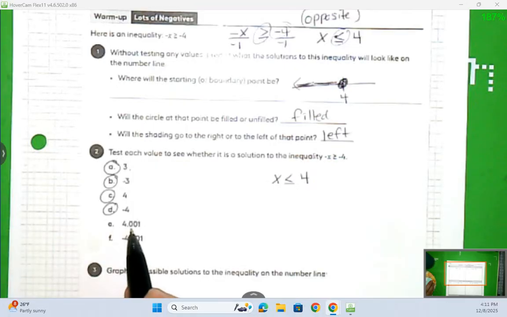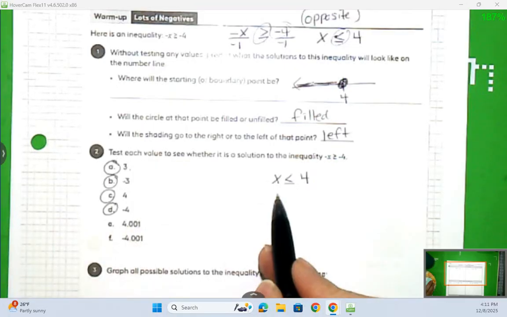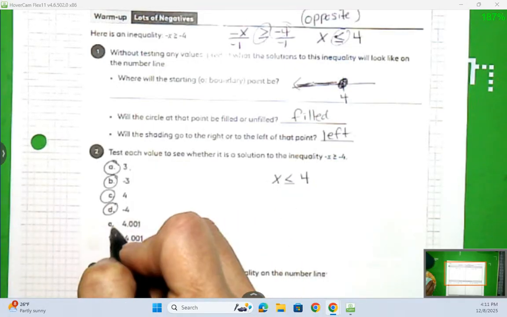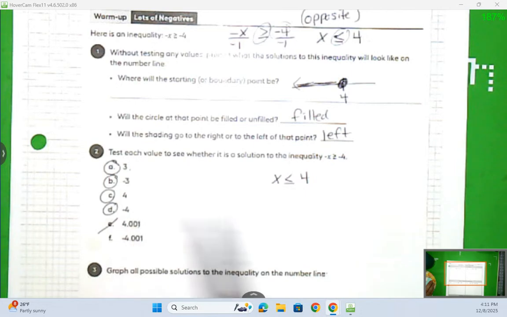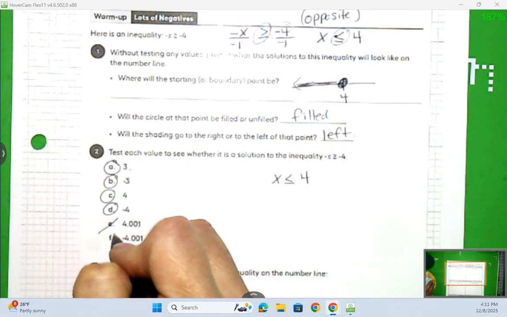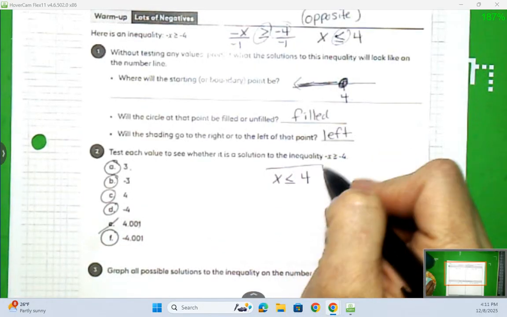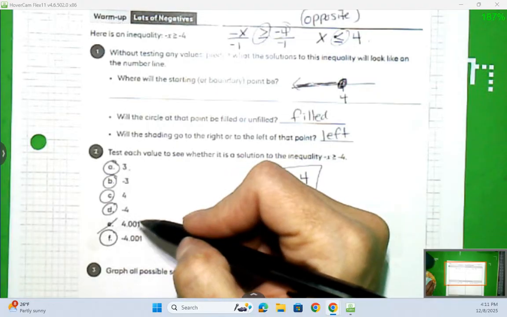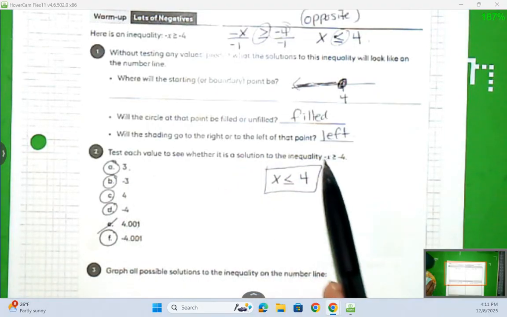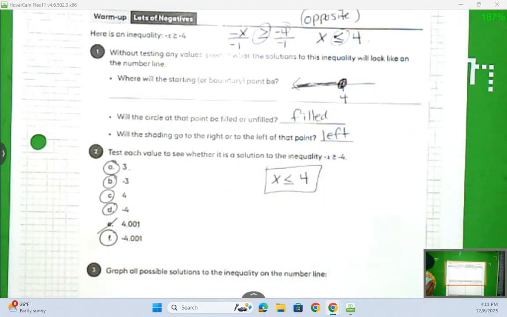Is 4.01 less than or equal to 4? No, it's greater. Is -4.011 less than or equal to 4? Yes. So once you solve it, these other questions become easier. You don't have to plug them all in to work them out.